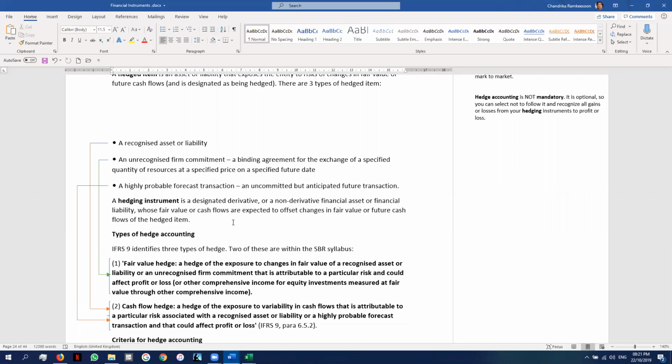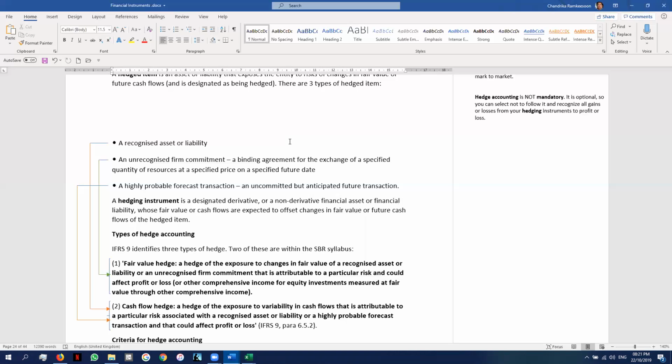So there are three types of hedged items: a recognized asset or liability, an unrecognized firm commitment, a binding agreement for the exchange of a specified quantity of resources at a specified price on a specified future date. Okay, something like a normal futures then. And thirdly, a highly probable forecast transaction, an uncommitted but anticipated future transaction.